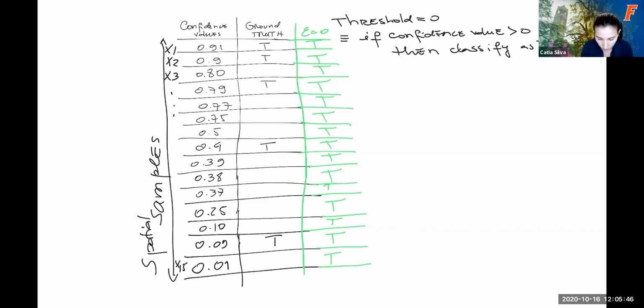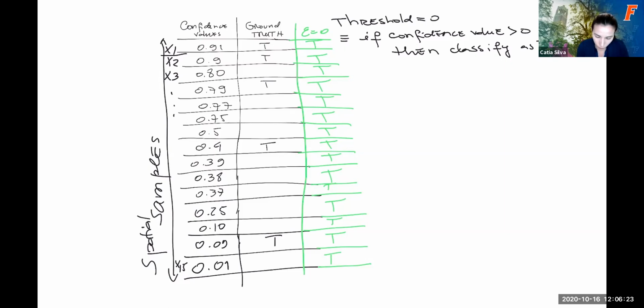Right, so for sample X1, the classifier says there's a 91% chance that there is a landmine in that image. For X2, the algorithm detects a 90% chance for the landmine to be present in that sample. Now the ground truth label is, we know whether or not there's a target at that location. So for sample X1, indeed, there is a target.